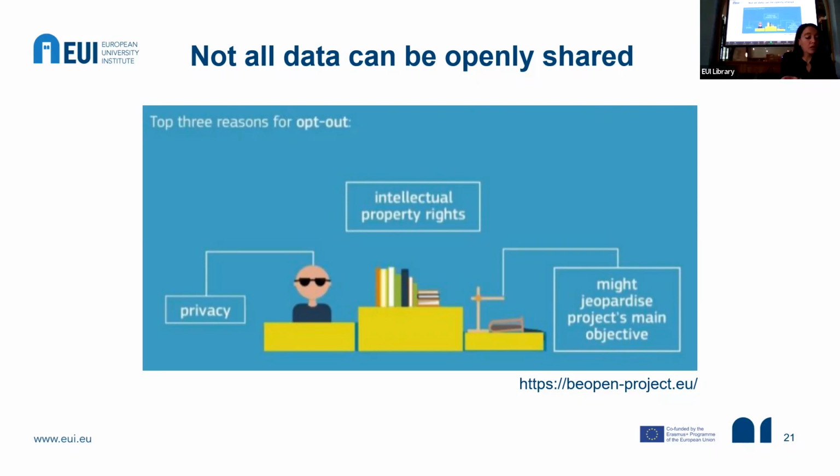This can be because you have human participants, so you want to protect their privacy, or the case that I mentioned earlier, you have taken files, or you have digitized items that are under copyright. So there are intellectual property rights, and you want to create a data set, but it doesn't have to be open to anyone because you risk breaching copyright in any way. So you cannot share your data. Or the third case, it might jeopardize the main project's objectives. I don't know what case this could be, but anything that puts at risk your project if you make it open.